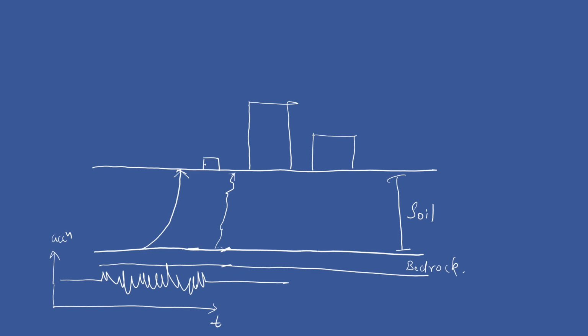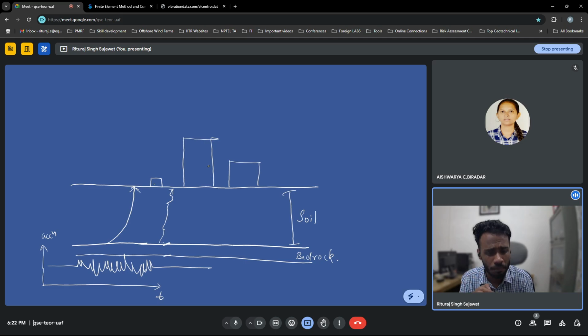Whatever data has been given to you of acceleration with respect to time, that data is meant for the data which has been recorded at the ground surface, so at the top of your soil layer.